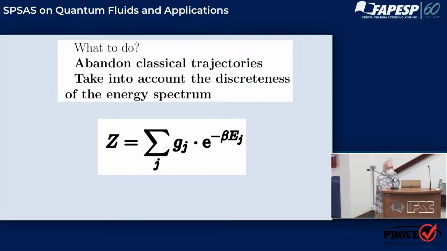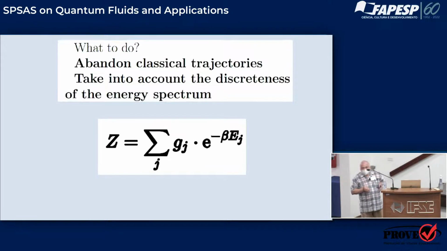Now, we know what to do, how to save magnetism. And now we know quite well there are two things. First, forget about classical trajectories. In the quantum world, they do not exist. And take into account the discreteness of the energy spectrum.